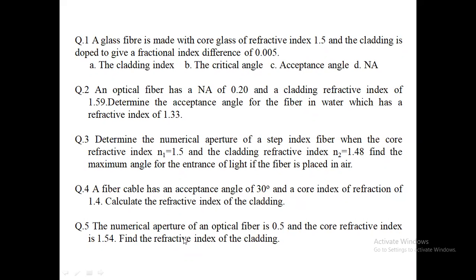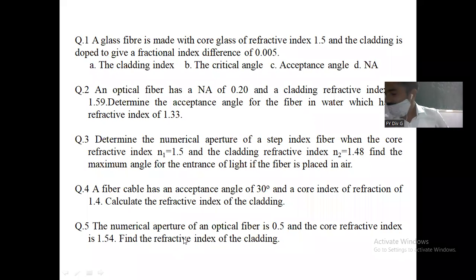Is your writing over? Yes, sir. Okay. So what is the first formula? First, you can write the given values. What is the first given value in the first sentence? The glass fiber is made with a core glass of a refractive index.